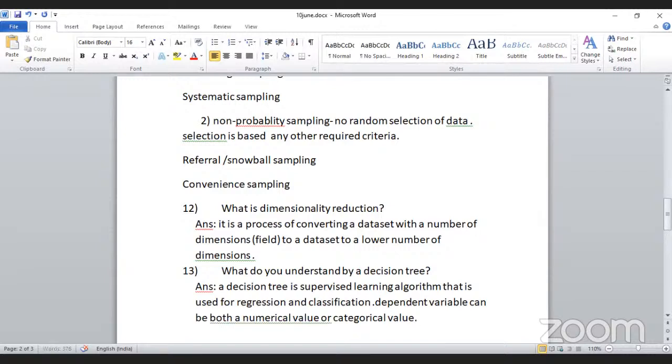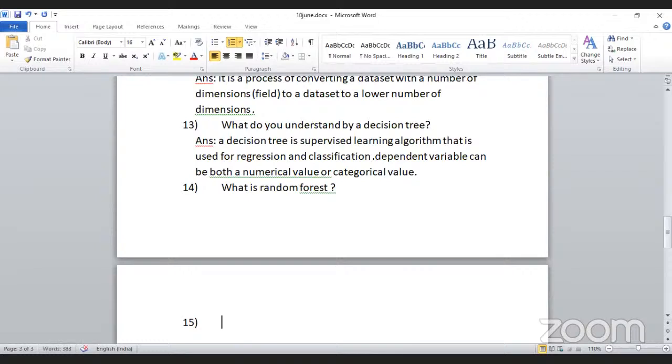My last question is, what do you understand by random forest?